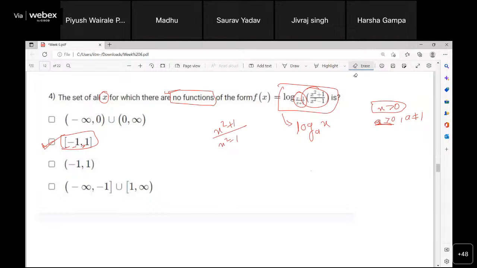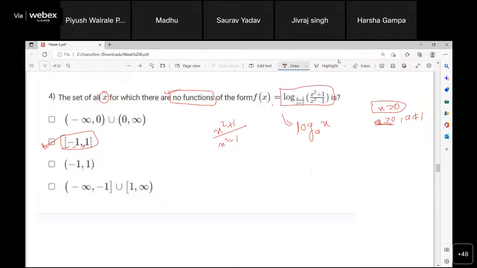But how will we apply it in this question? That is not a function, right? We are talking about when the vertical line test fails. That is not a function, and here it is written no function, which means it should not be a function. But how should we know? For that, we should know the graph of that function, right?